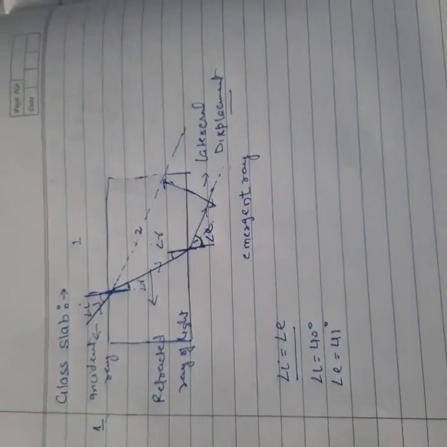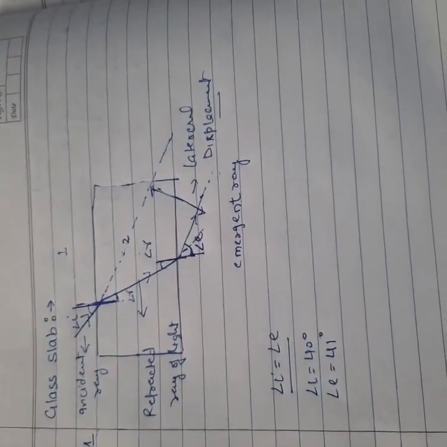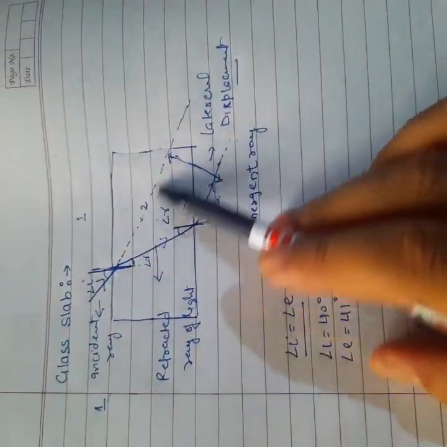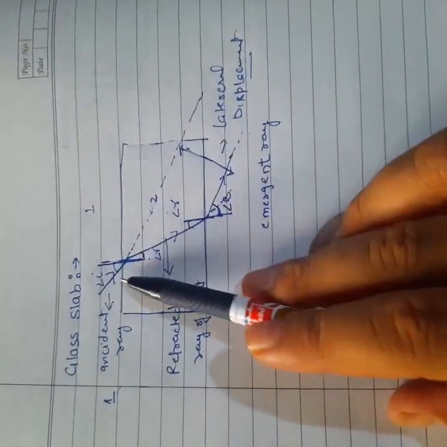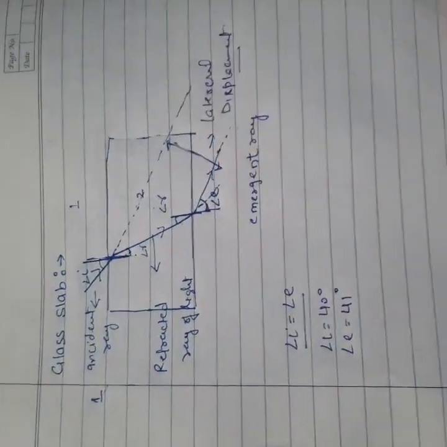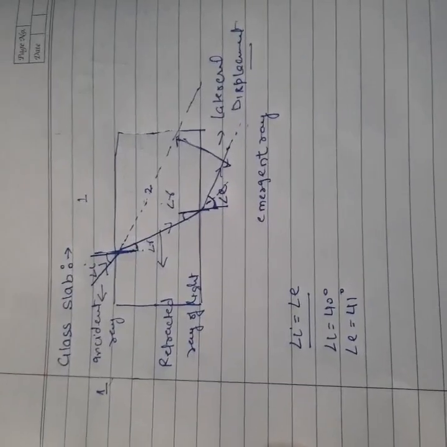The examiner can ask you what you mean by lateral displacement. You will say the perpendicular distance between the incident ray and the emergent ray is called lateral displacement. Okay or not?